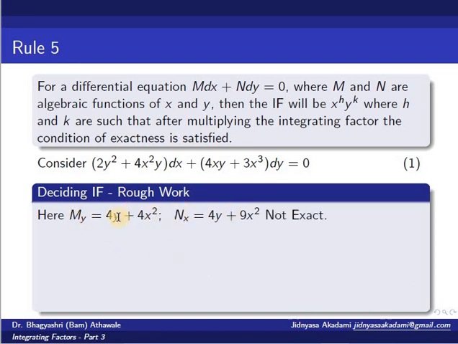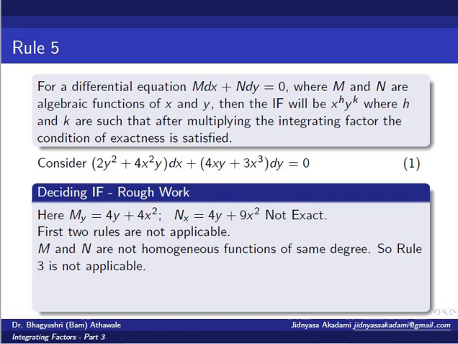Their difference is 5x square. And if we divide this difference by M or N, we are not getting a function of x or a function of y only. That means the first two rules of finding integrating factors are not applicable here. Another thing is M and N are not homogeneous functions, so rule 3 is also not applicable.